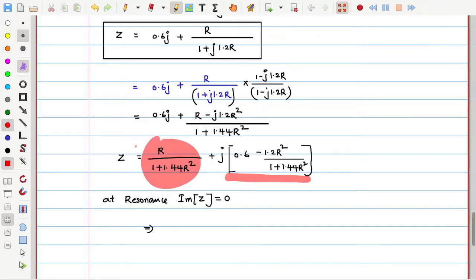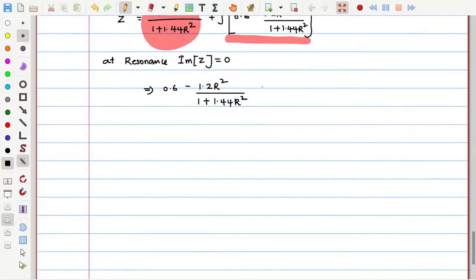So what do we do now? Let us equate the imaginary part to 0. That is 0.6 minus 1.2 R square divided by 1 plus 1.44 R square is equal to 0. Then if we simplify this, just cross verify.